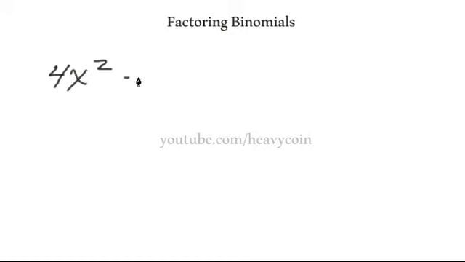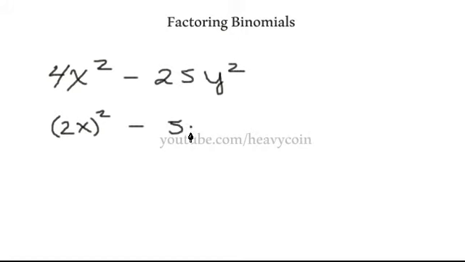4x squared minus 25y squared. So this one will be a little bit more tricky. So I'll write 2x quantity squared. So this would be 2 squared is 4, and then x squared minus 5y squared. 5 squared is 25, and then that would just be y squared.